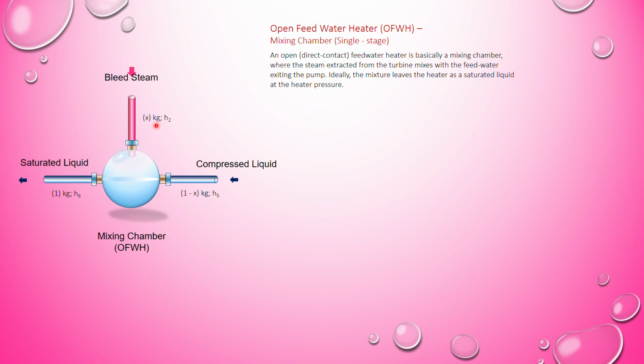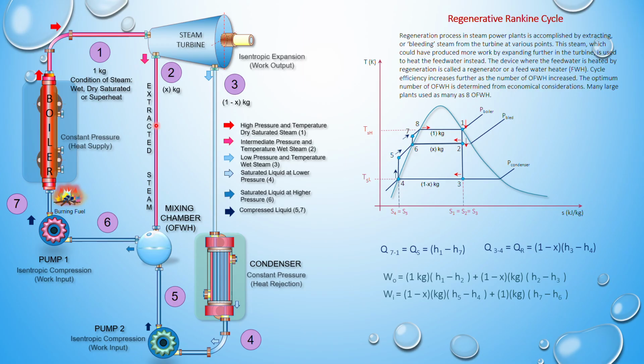This is how much you extract based on the diagram that we have just now, this part here. So this is one line going in, another line going into the mixing chamber, and this is a line leaving the mixing chamber. Here you extract x kg in this line, and this line here which is going into the feed water heater remains only 1 minus x, and here you actually have 1 kg, back to 1 kg.